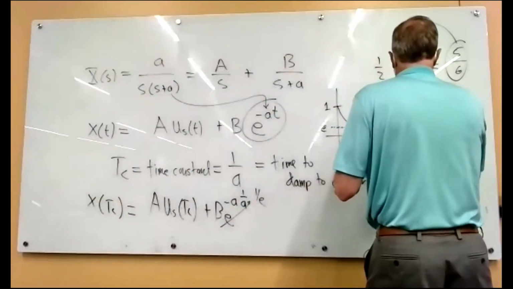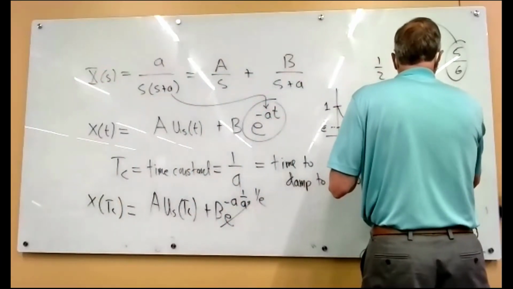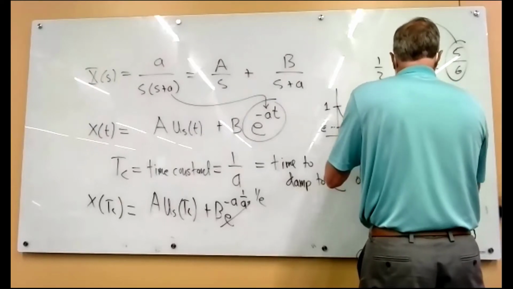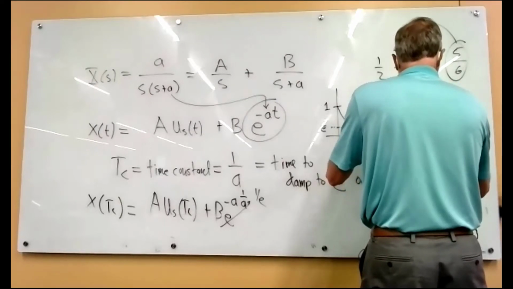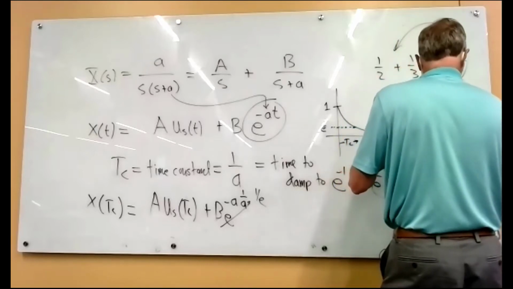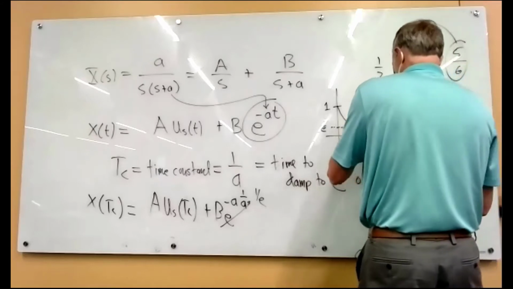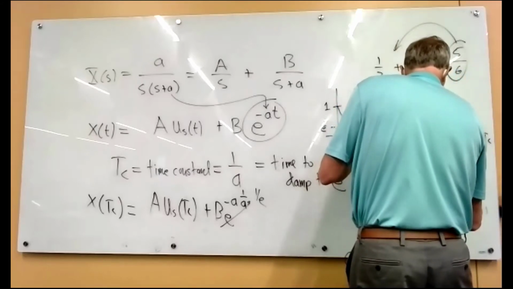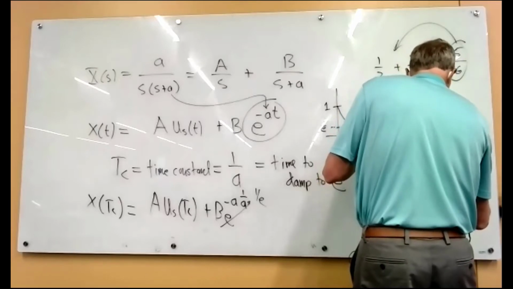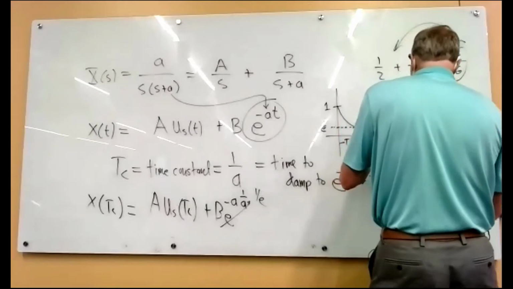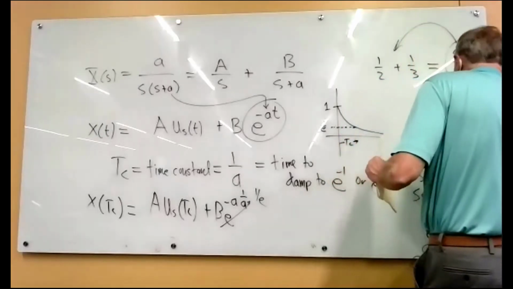And from that you can calculate what's called the rise time, which is the time to go from 10% to 90% of the final value. And you calculate the settling time. You can calculate that from a or the time constant.